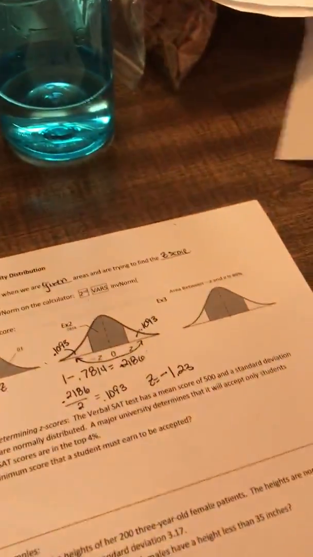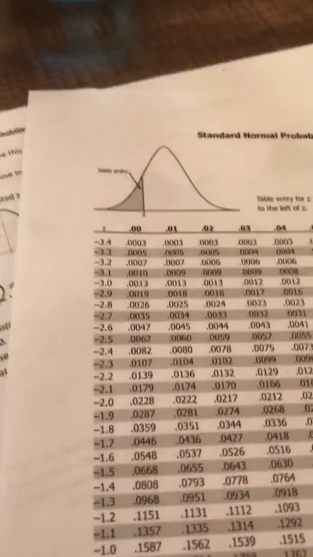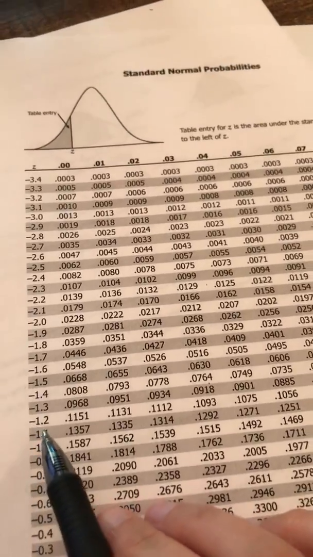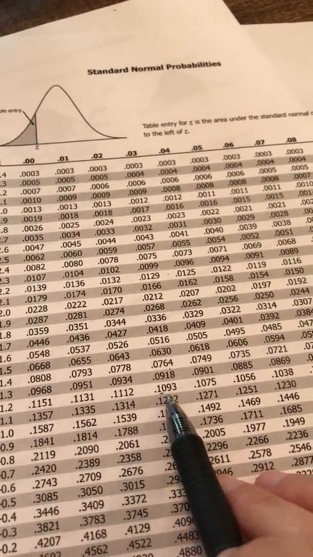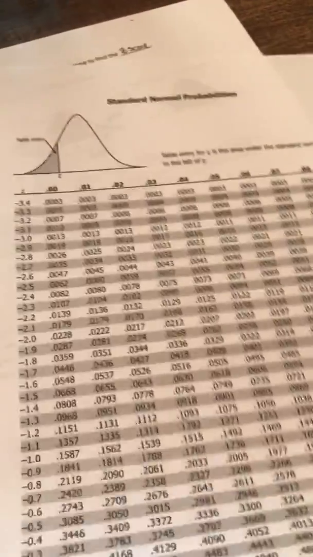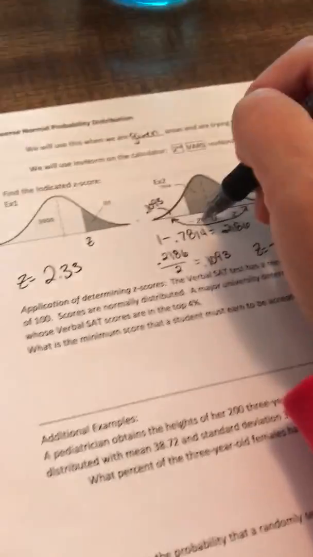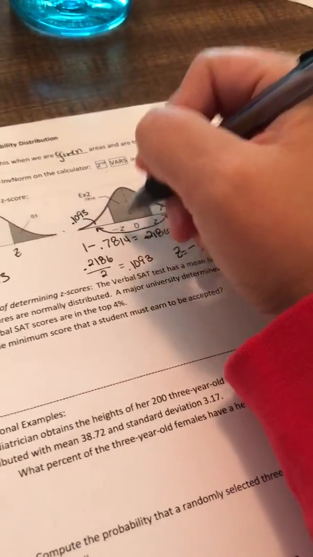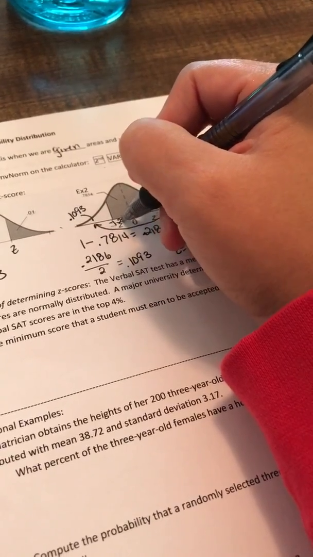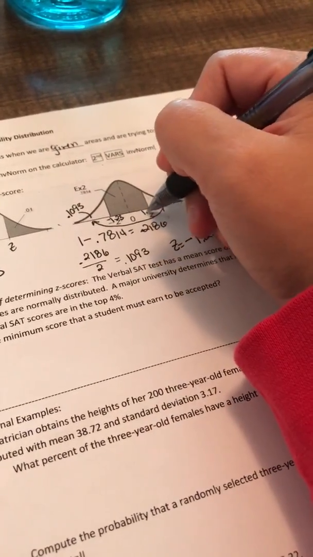And like I said, if you had looked on the chart, because I know what it is now, negative 1.23, you'd have found 0.1093 if you looked for it. So you could have gotten it that way. And that gives you the negative z value. Because it's symmetric, for this it's negative 1.23, so this one up here must be positive 1.23.